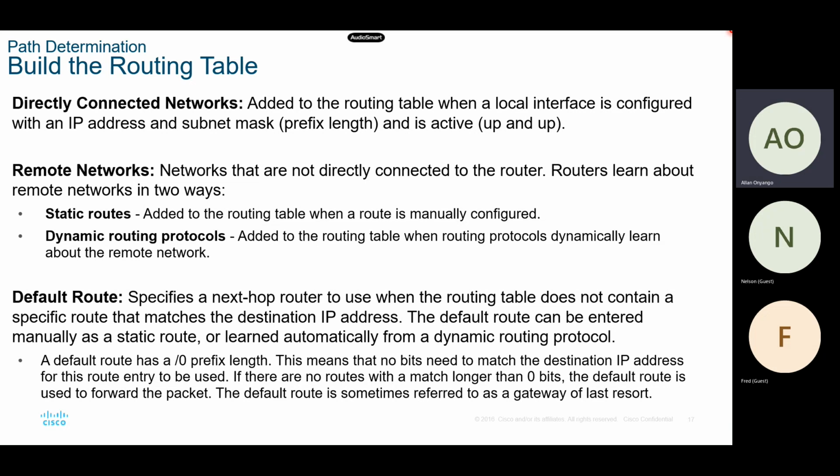And so the first thing to note is this. I know that previously we have been learning how to configure IP addresses on our router interfaces. We've learned how to configure an IP address on the router interfaces and activate those interfaces. And so I want to submit to you that there are three ways of populating the routing table.